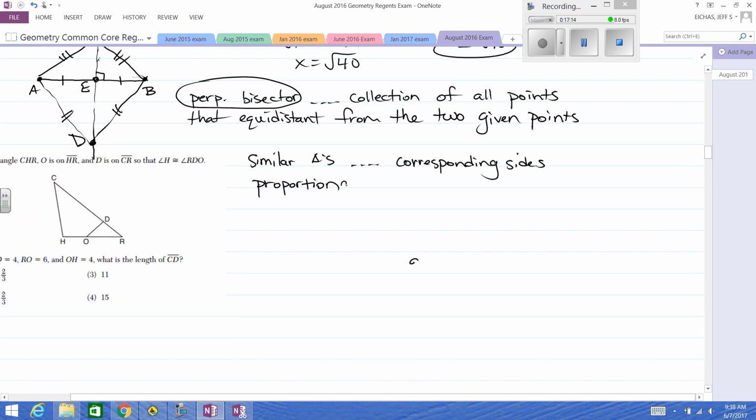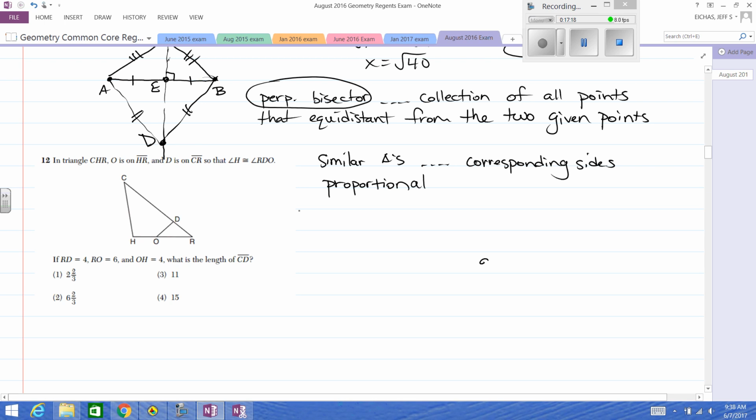Okay, touch screen there. So usually what happens is these would be lined up nicely, you know, so that the corresponding sides would be easy to match up. But they're not. What they did in this problem was they flipped basically that triangle right there. So we're going to have to adjust it, okay?